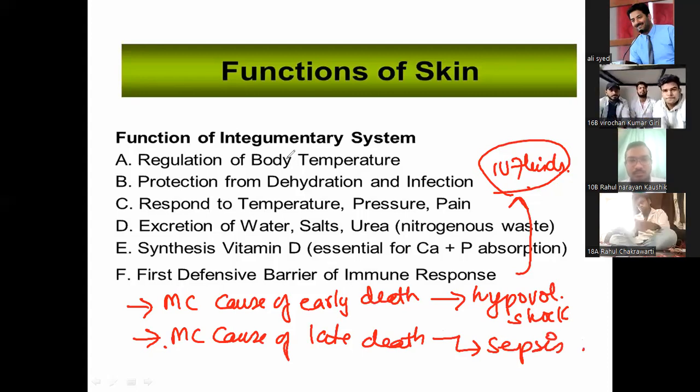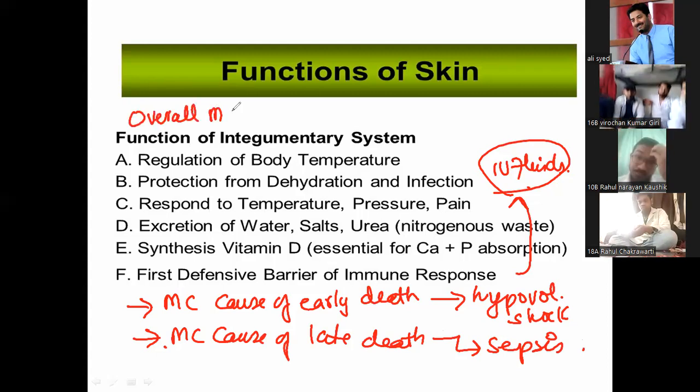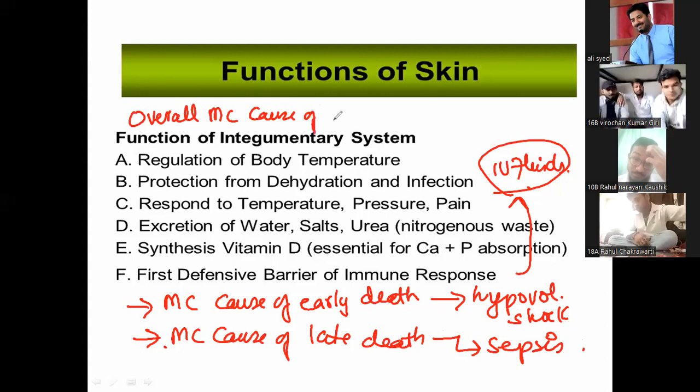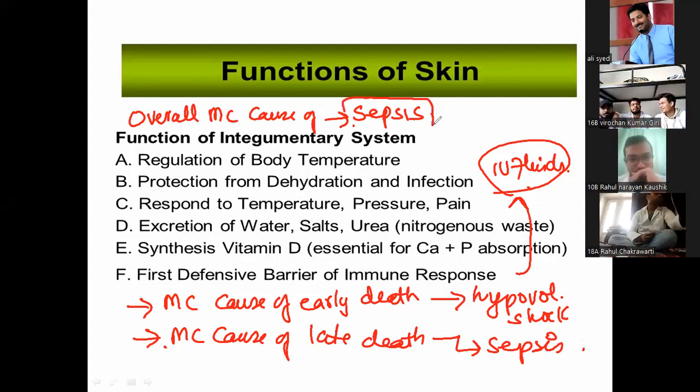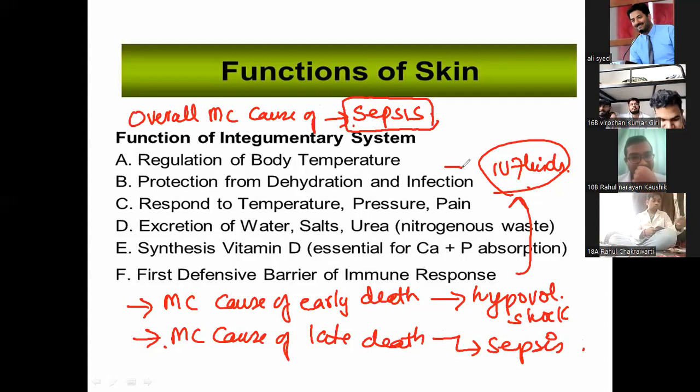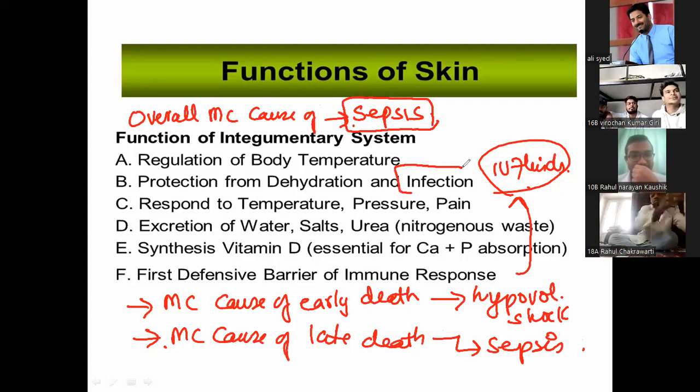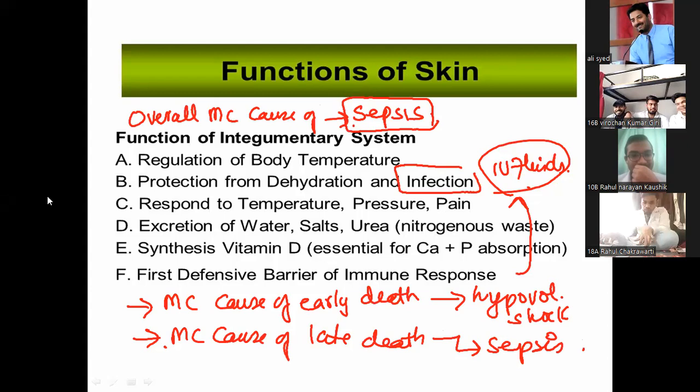And if I ask you what is the overall most common cause of death in patients due to burn injury, the answer is again sepsis. And please remember, this sepsis occurs in a patient because of infection, and the microorganism involved, your answer will be Pseudomonas infection.